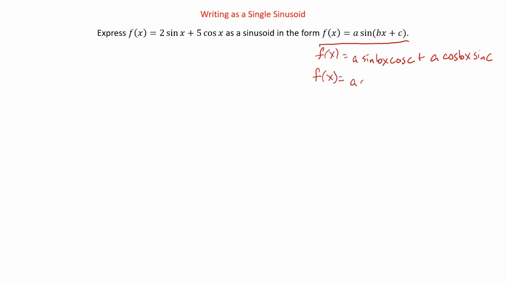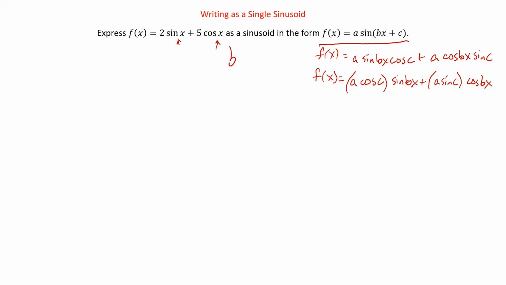So this a cosine c is just a number. So we have sine of bx plus, then sine c is a number, so we have a sine c cosine of bx. Well, notice these are the same. If you remember, we could tell if it was going to be a sinusoid or not if that b value was the same for both of them, and it is.